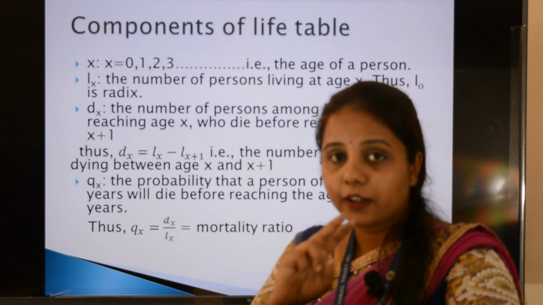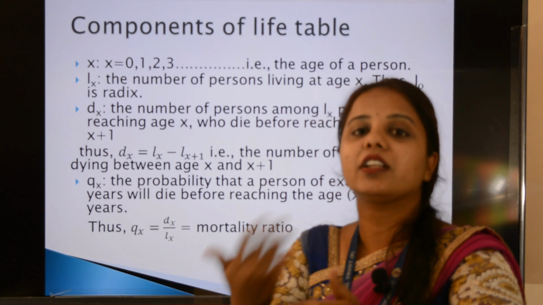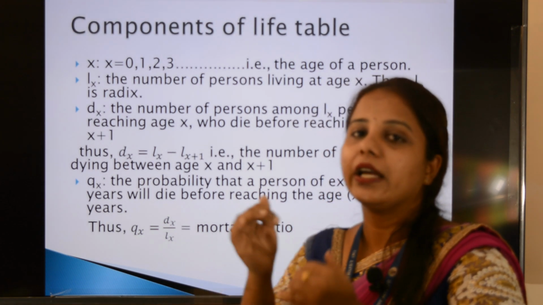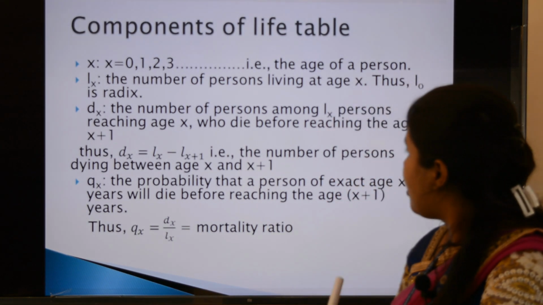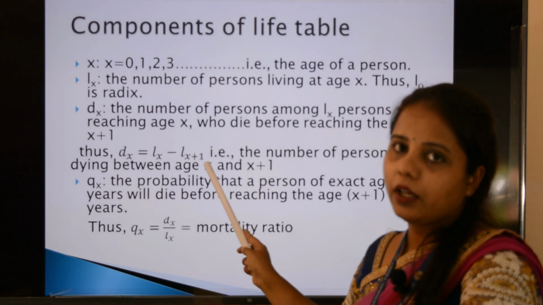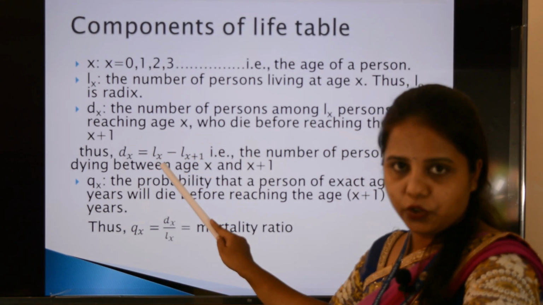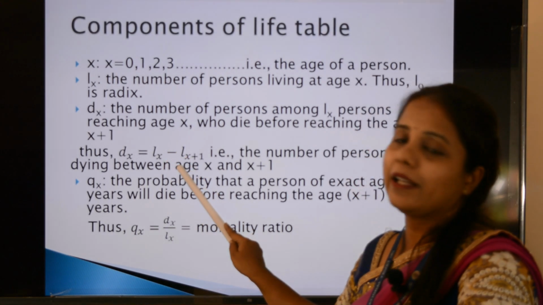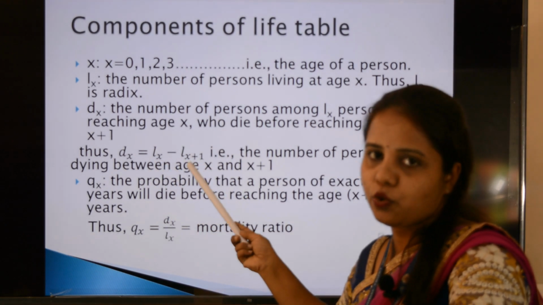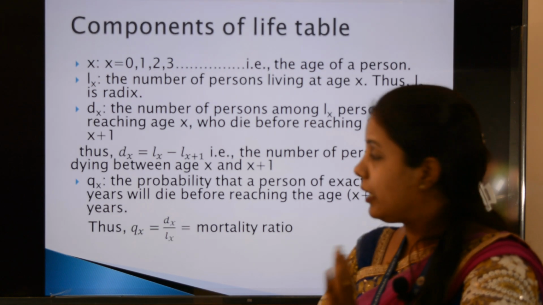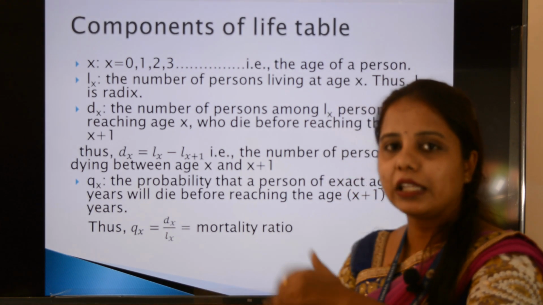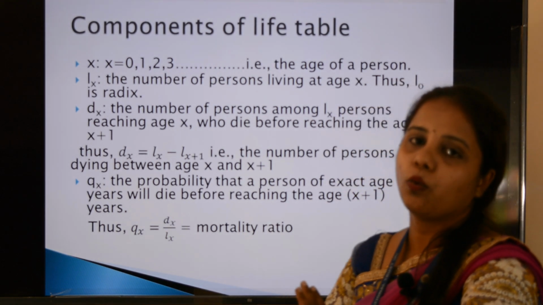That means 2 people died before reaching age 21 from 20. So dx is 2 in this case. Therefore the formula of dx we can write as lx minus lx plus 1. That means total population at age x minus total population at age x plus 1. This is the example which I gave, age 20 and age 21. So I repeat, dx is the total number of people who die before reaching their next age x plus 1.